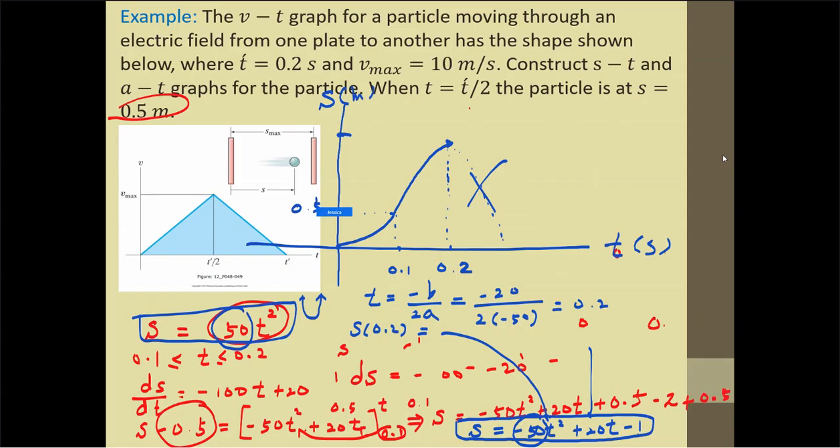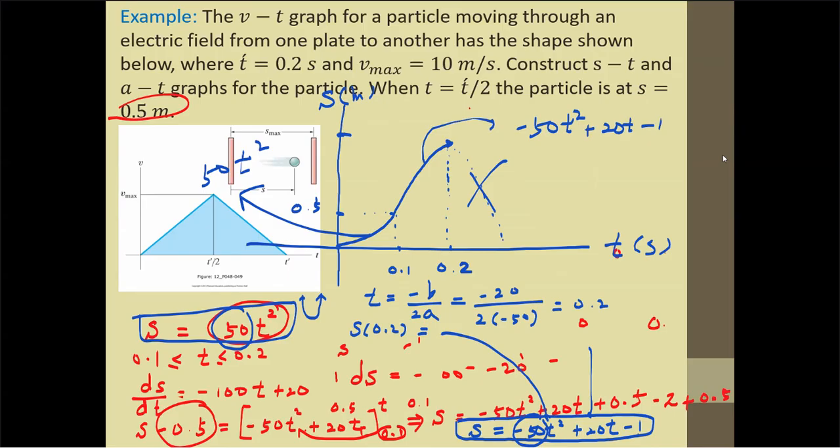So now this function form is negative 50t squared plus 20t and minus 1. You can show the function form too.